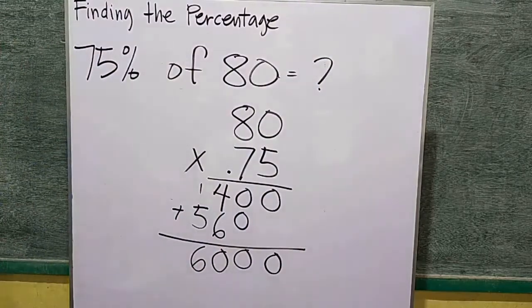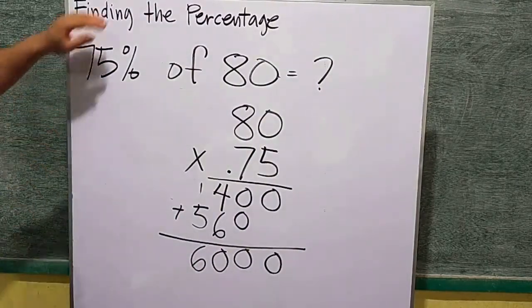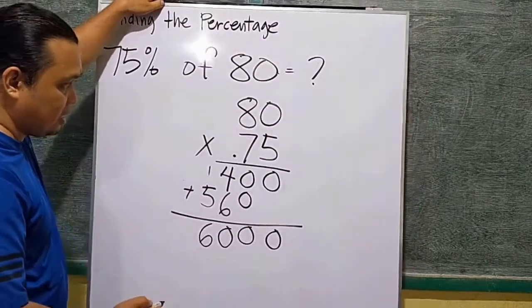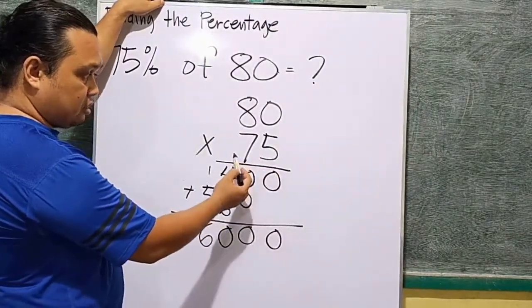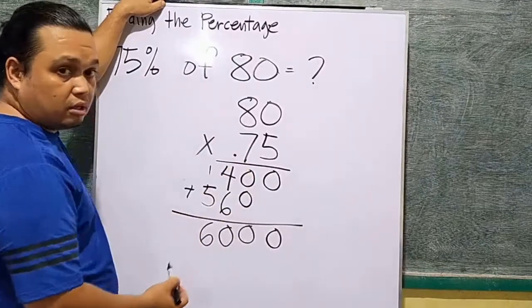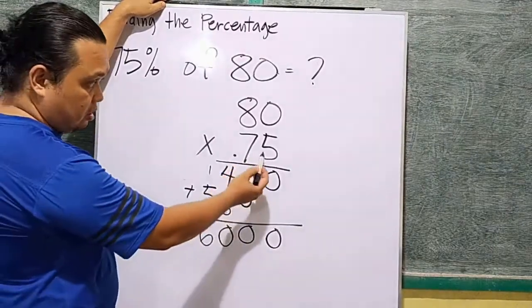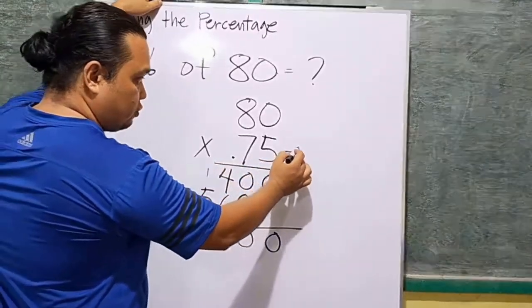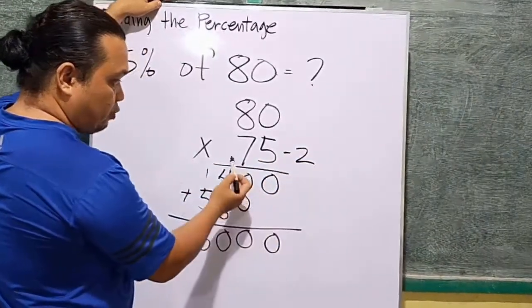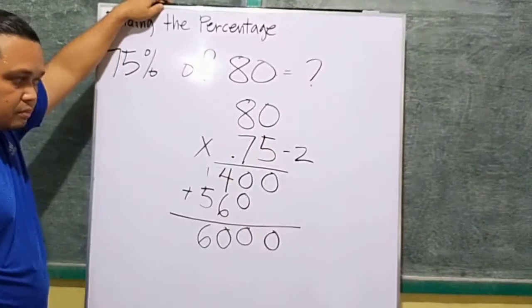Now where do we put the decimal point? It depends on how many digits after the decimal point our factor has, which here is 75. There are 2 digits after the decimal point from our factors.